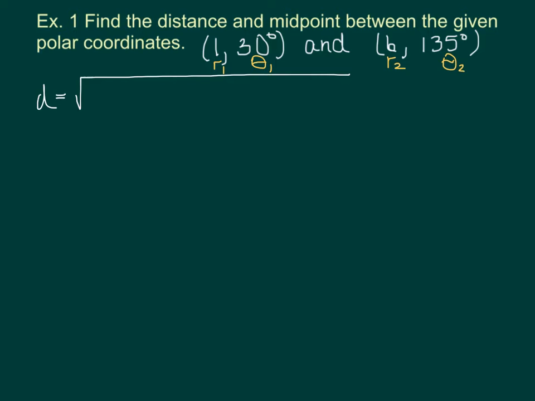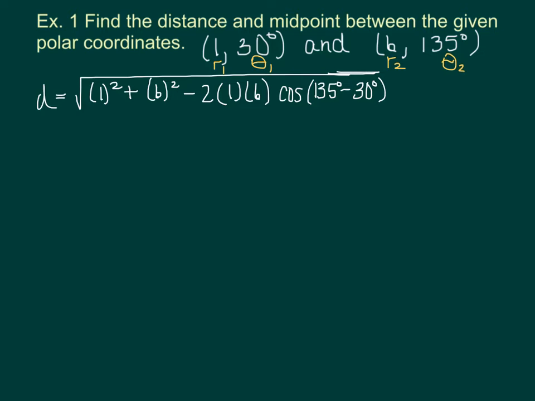Remember, you do r1 squared plus r2 squared minus 2 times r1 times r2 times cosine of theta 2 minus theta 1.